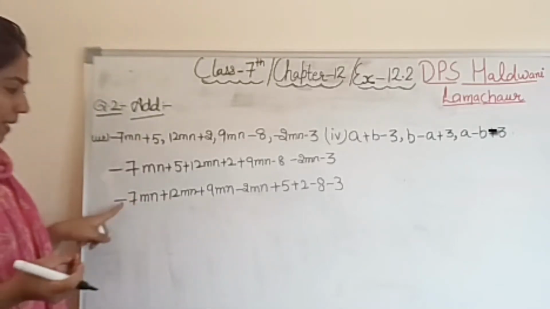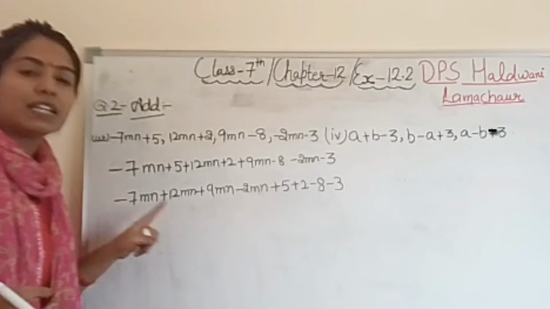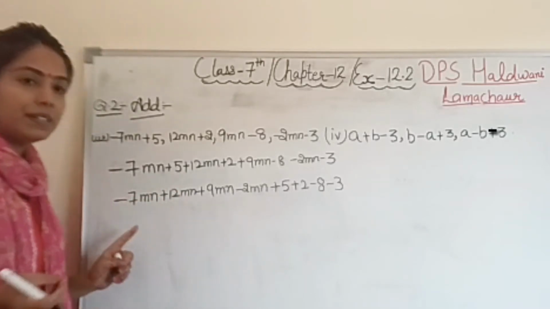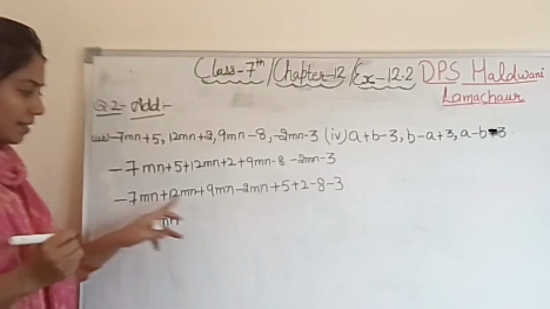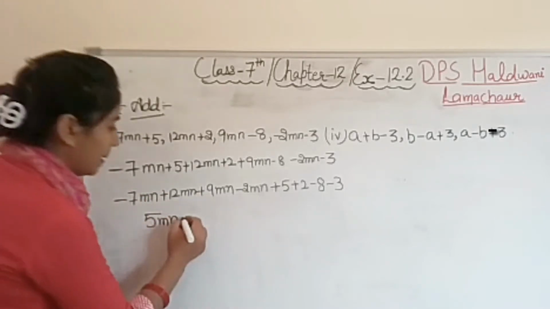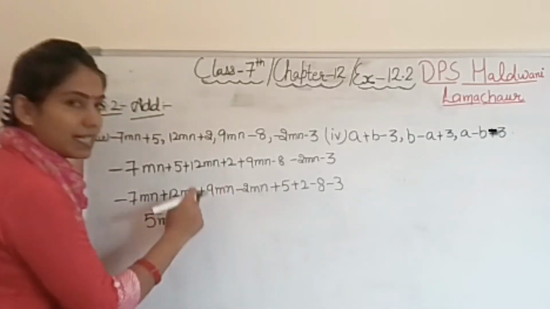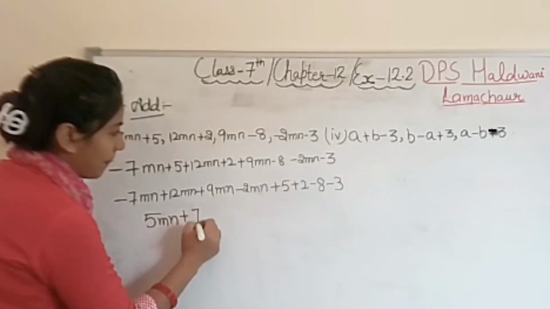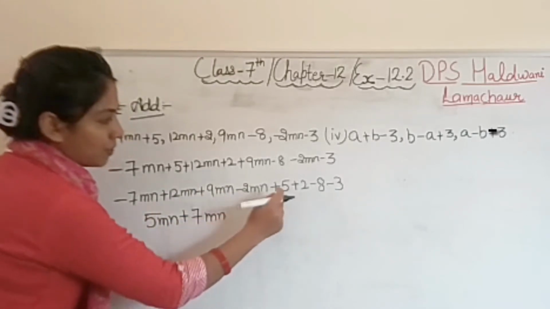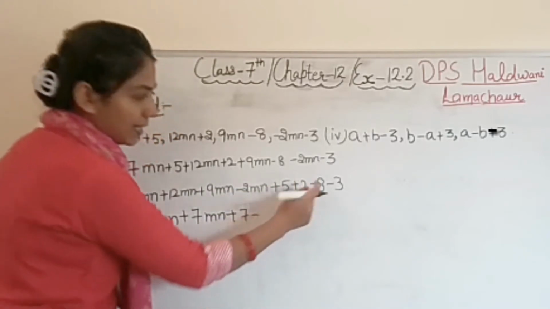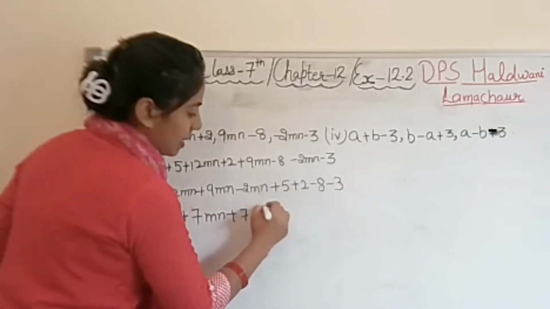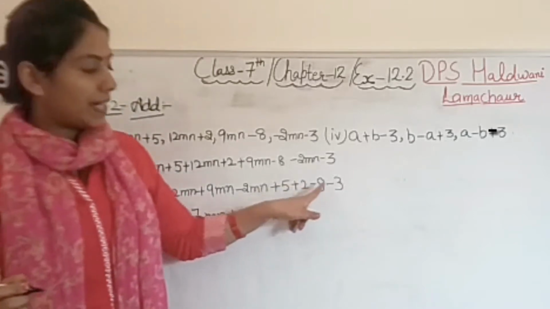Minus and plus. Plus minus minus. 12 minus 7, 5mn. Sign will be of the bigger digit, plus. So 5. Again plus minus minus. 9 minus 2, 7mn. So it will be 5, 6, 7 plus 7 minus 8, 9, 10, 11, minus 11, because student, minus minus.